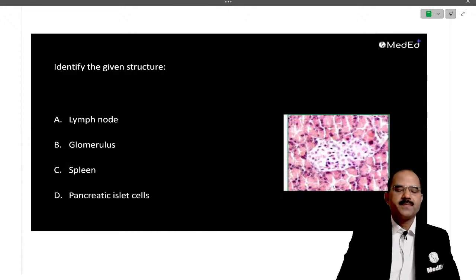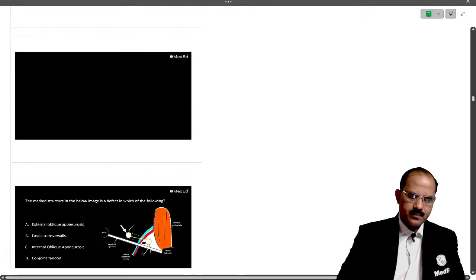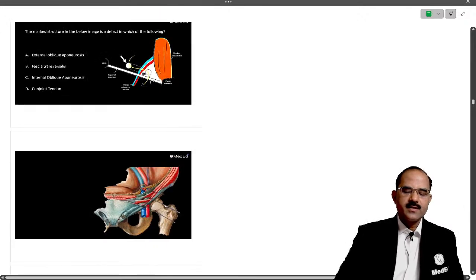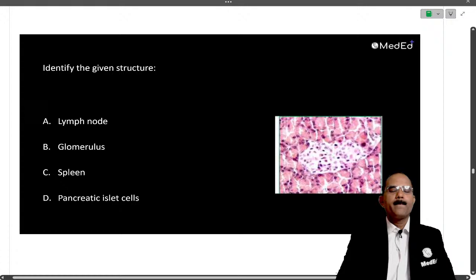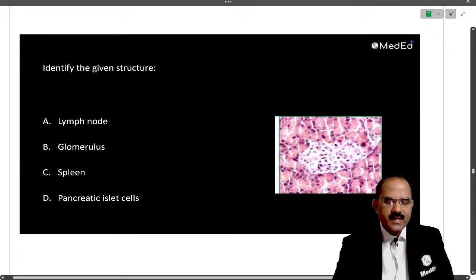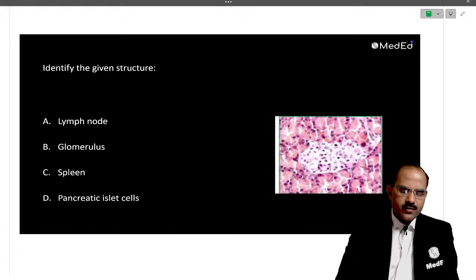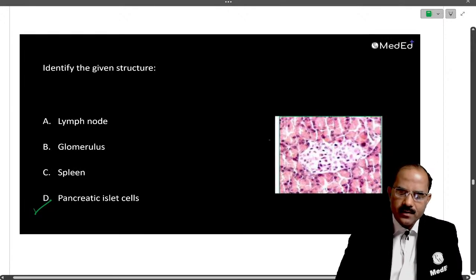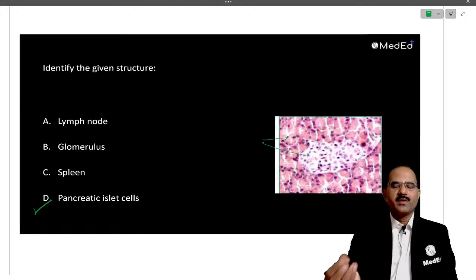So what is the slide of pancreas? That's pancreas, very good. That's the islets of pancreas, the endocrine part, and this is the exocrine part of the pancreas.